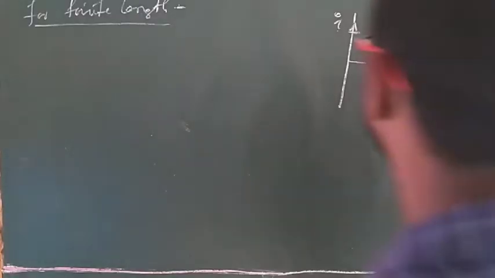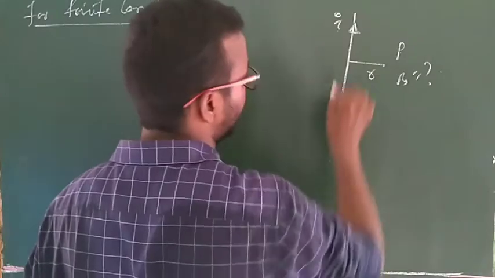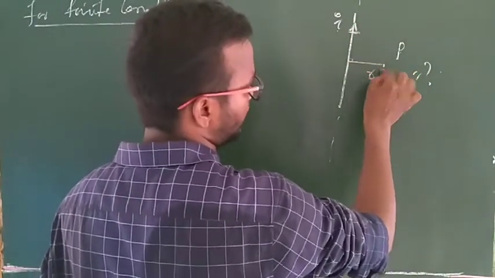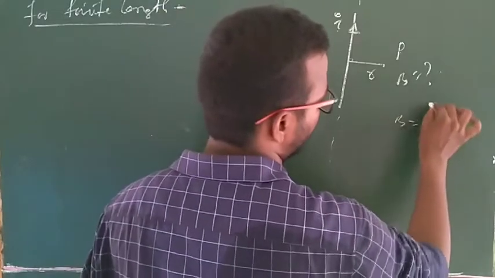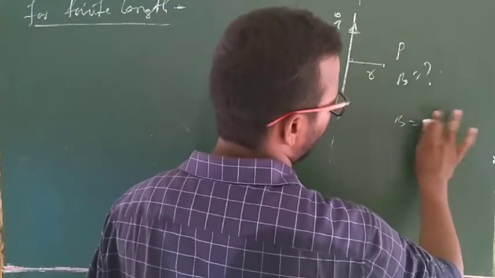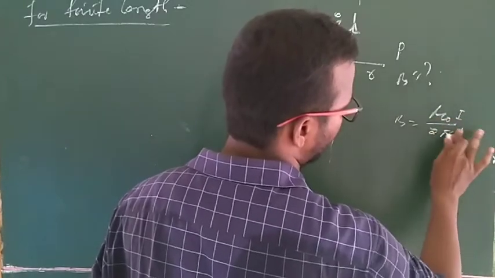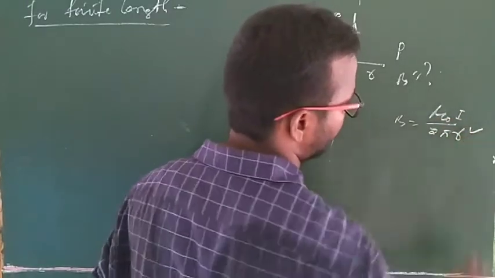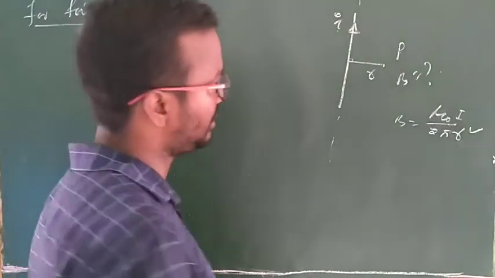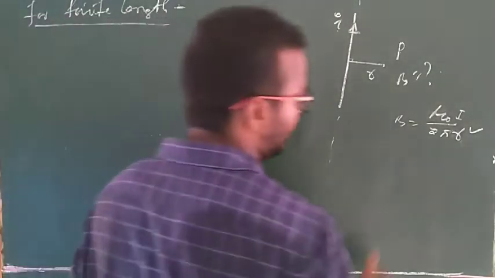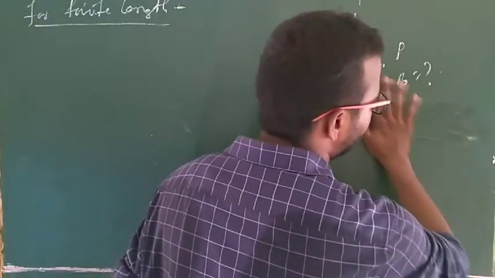So for infinite length, the magnetic field at point P, at perpendicular distance r, is B equal to mu naught I by 2 pi d, or mu naught I by 2 pi r. Clear? If it is a finite length, what is the magnetic field?